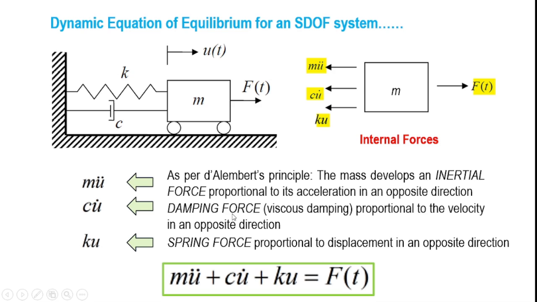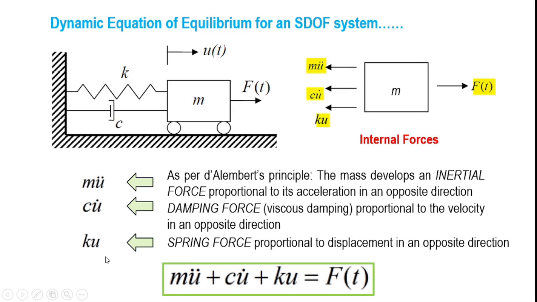And again, this acts opposite to the direction of the displacement. So looking into the sketch, we know that if u is the displacement, u dot is the velocity. As per the concept of viscous damping, the damping force will be c into the velocity, so c into u dot. So here I have marked the internal force c u dot.